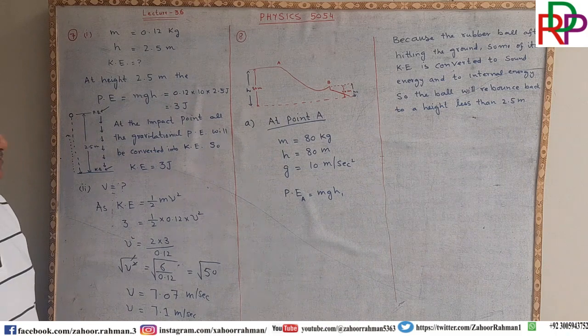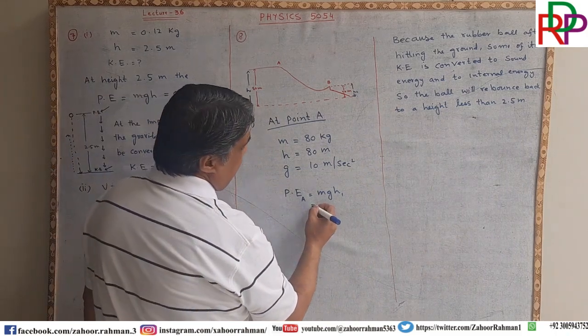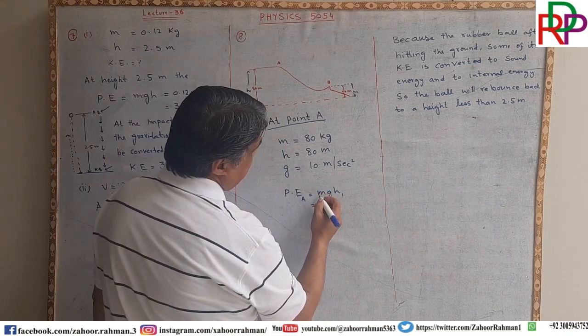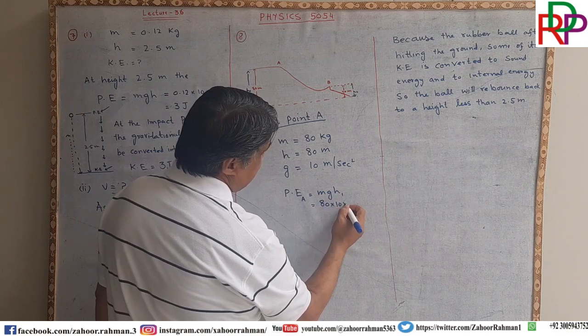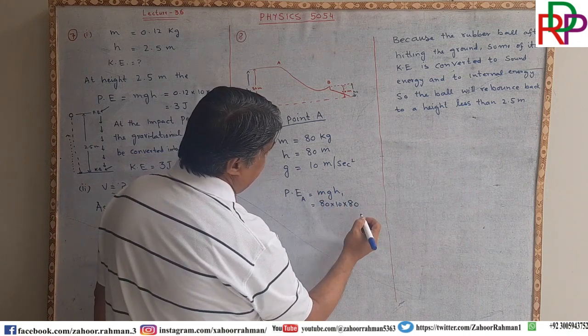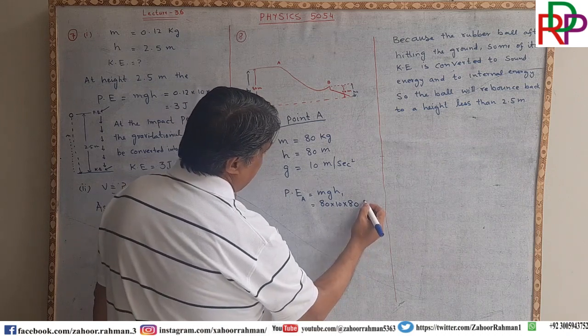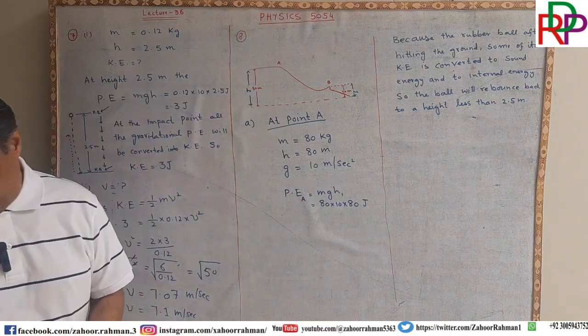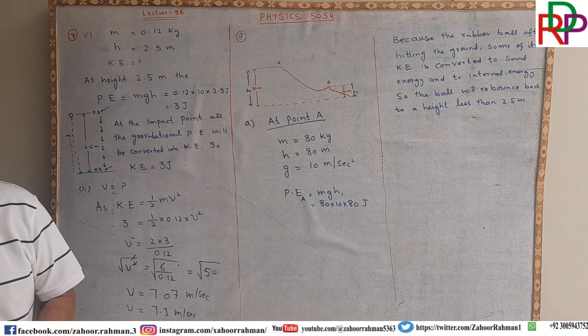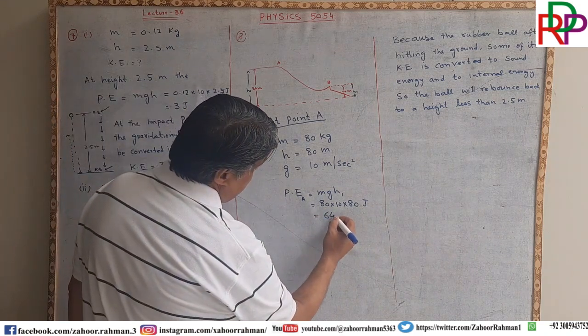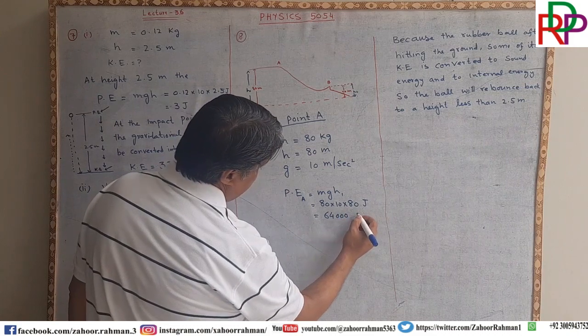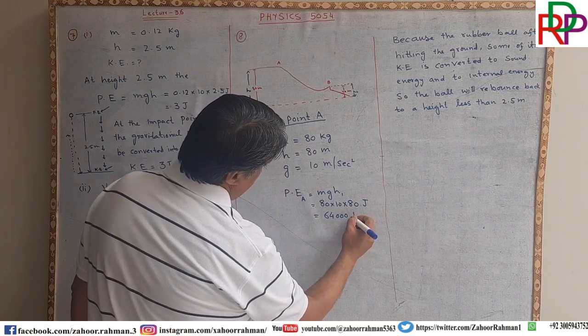It is given in the book. So we are writing m, whose value is 80, g is 10, and h1 is 80. So when we calculate it, it will be 64,000 joule.